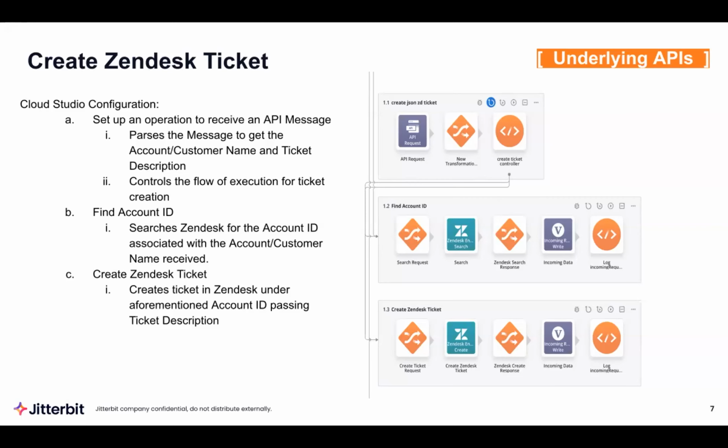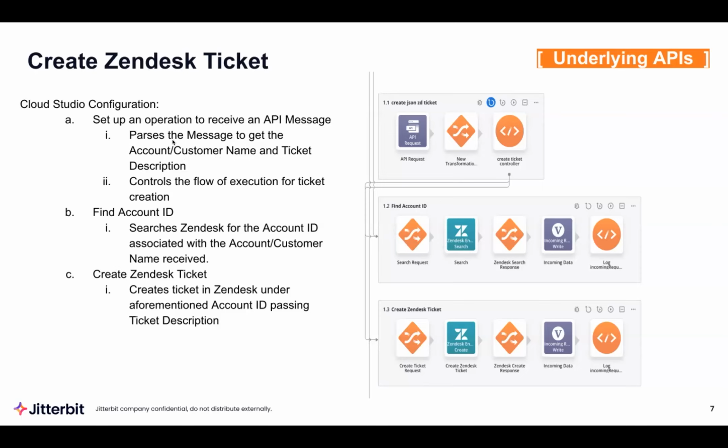that can then be called by consumers. Here we receive the request from a consumer, and the first thing we're going to do is parse the incoming message. In this particular case, the incoming message contains the account or customer name and the ticket description, because our intent is to create a ticket in Zendesk.